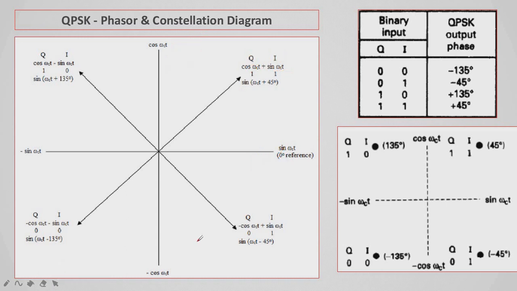This is the constellation diagram through which we can understand the representation of binary. Here 2 bits are going to be identified, and 2 bits means 4 possible combinations, 0 0, 0 1, 1 0 and 1 1. Depending upon that, the angles are assigned.